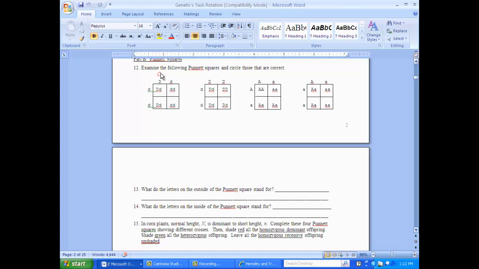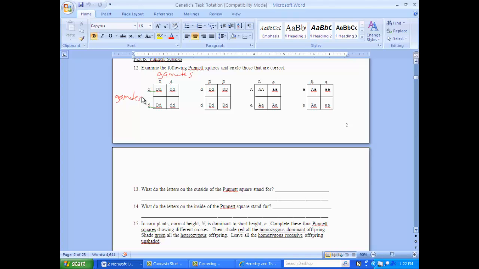What's on the top and what's on the side are the gametes. If this is dad's genotype on the top for a specific trait, this will go into one sperm cell, this will go into another sperm cell. That's why it's separated. This is known as the law of segregation.